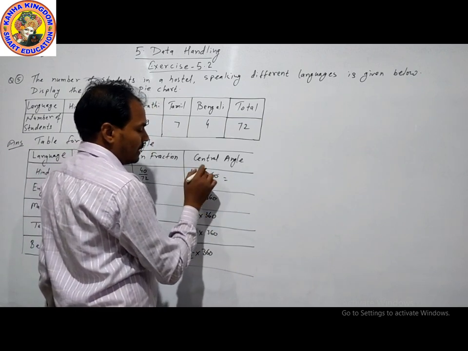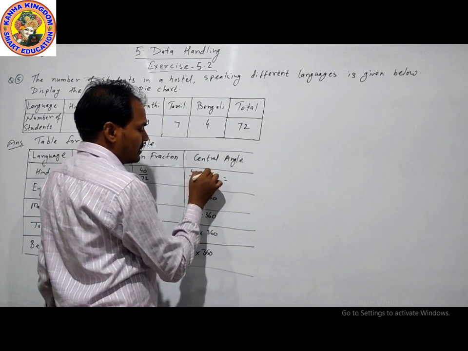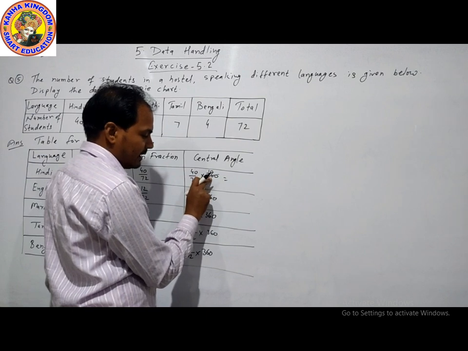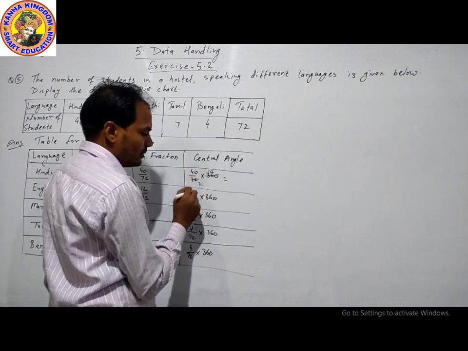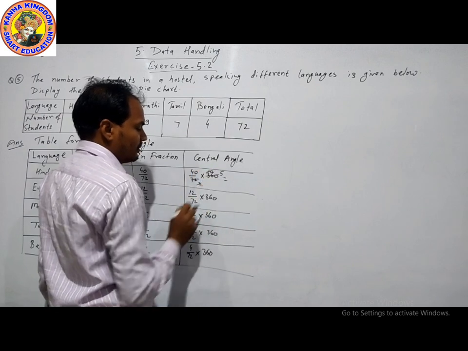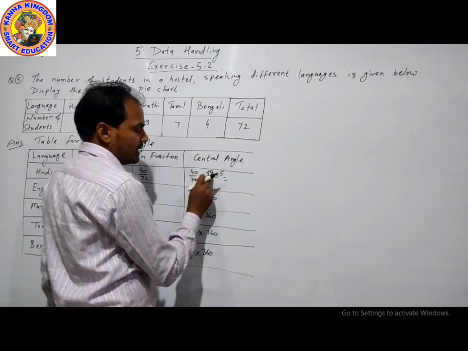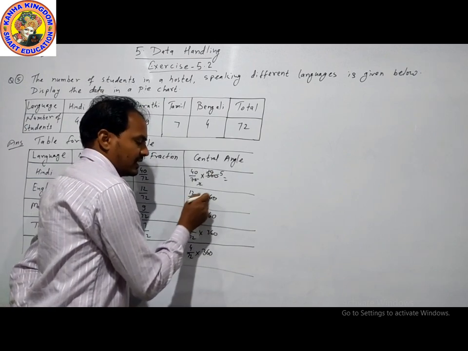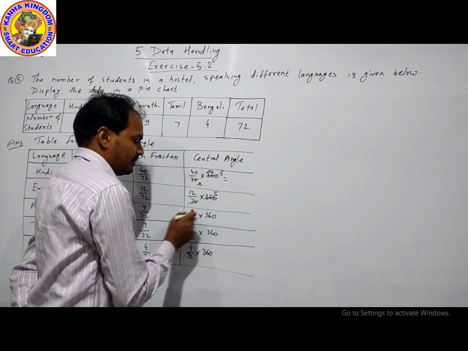We can cut 360 by 36, 10 times, 2 times, then 5 times. 72 can cut 360 by 5 times.